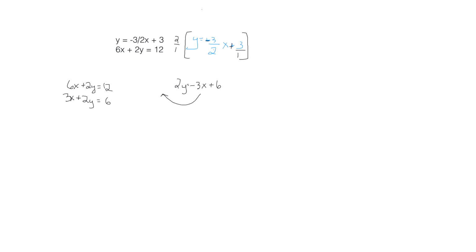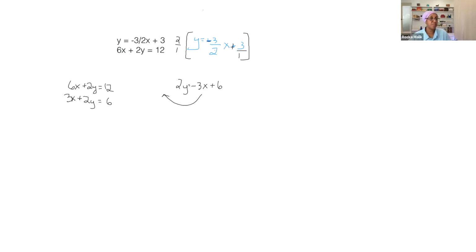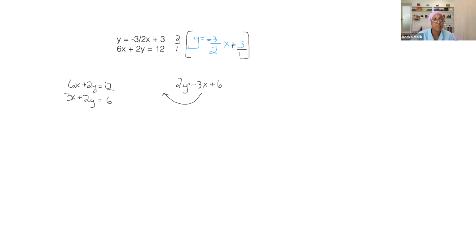Oh, you guys are going to talk to me. The x. You want to get rid of the x's? How would we need to get rid of the x? I want to do it so that when I add these two, they disappear. Would you multiply the bottom one by -2?